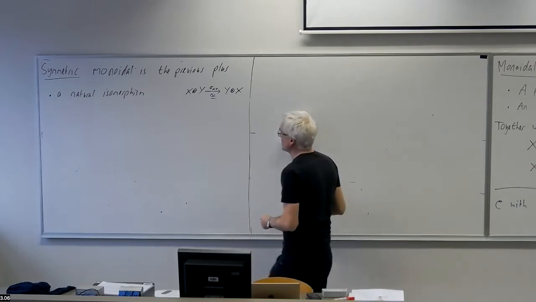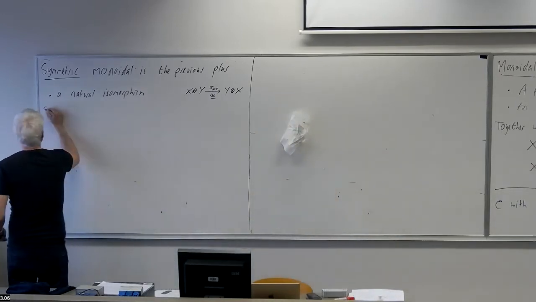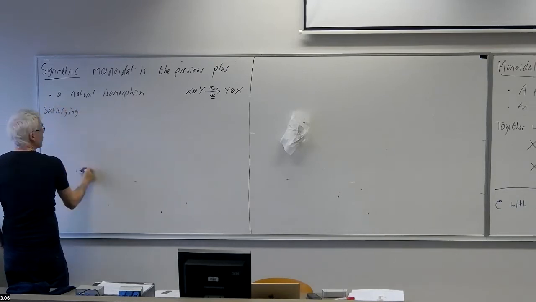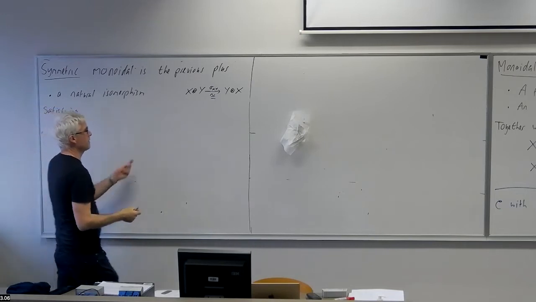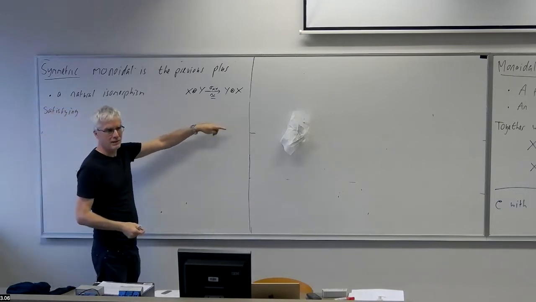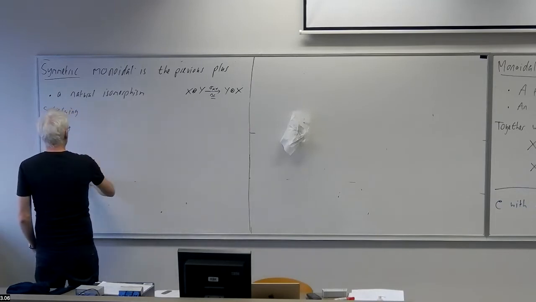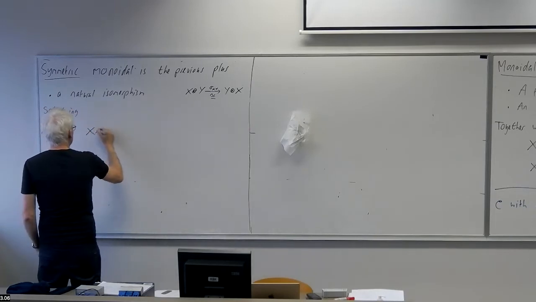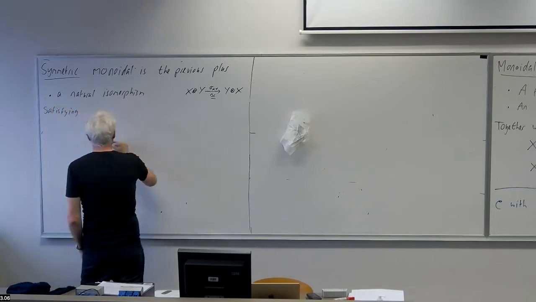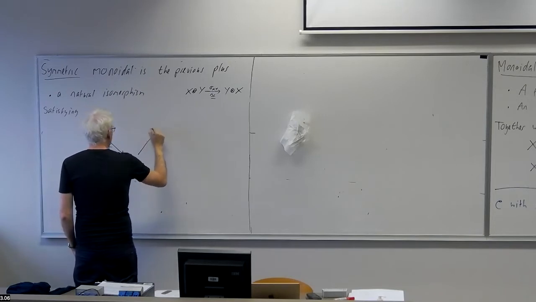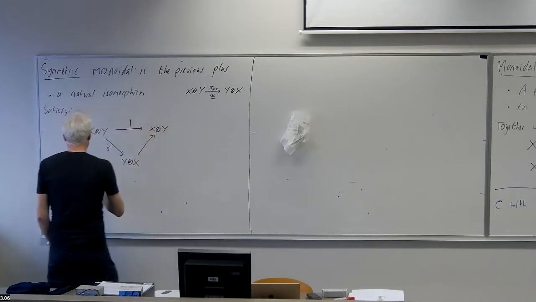Well, the first one is the crucial symmetry property, which is if we swap something and swap it back, then that's the same as the identity. We get back to what we started with. So if we start with X tensor Y, we swap it once, we get Y tensor X. We swap it again, we get X tensor Y. And that's the same thing as the identity.